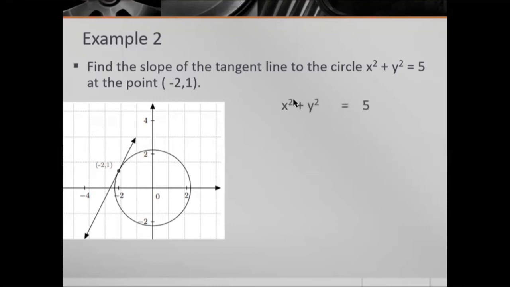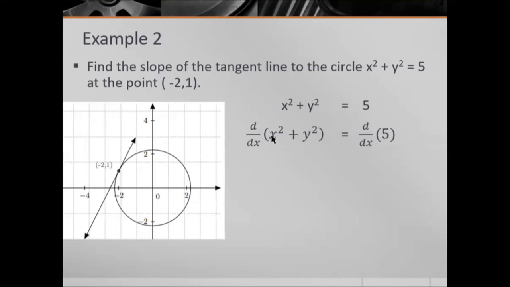So we have a given equation of the circle, x squared plus y squared equals 5. Then kuhanin natin ang derivative ng left and right with respect to x. So the derivative of x squared plus y squared with respect to x, and yung derivative ng 5 with respect to x. Yung left side muna, individual ang pagkuha natin ng derivative.